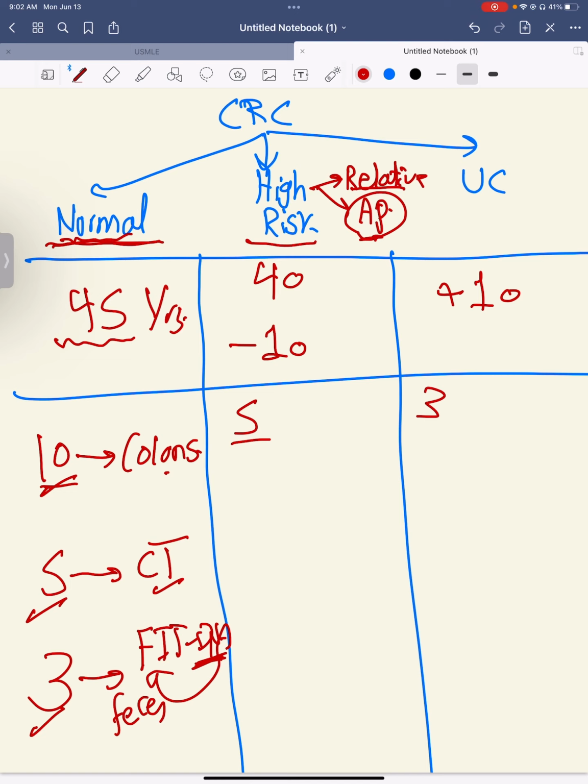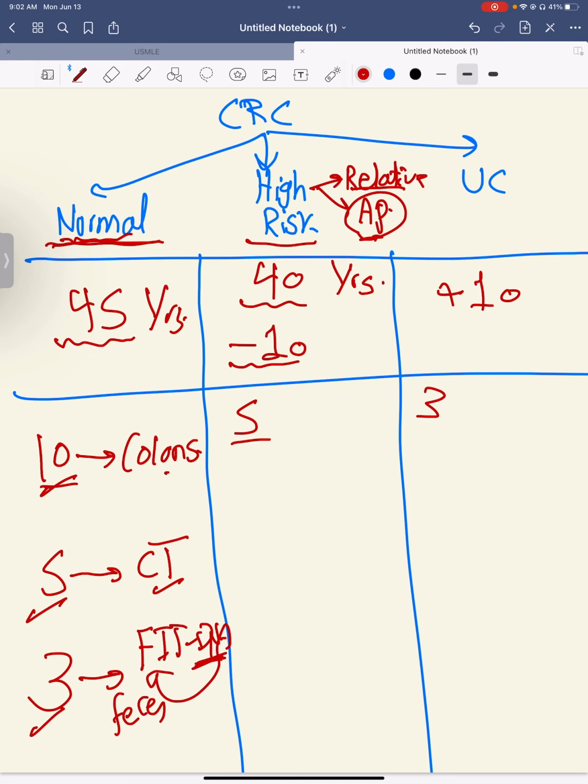Those are group 2. When I say 40, I mean 40 years old. And when I say minus 10, it means 10 years before the age of the diagnosis of the first relative, whichever comes first.